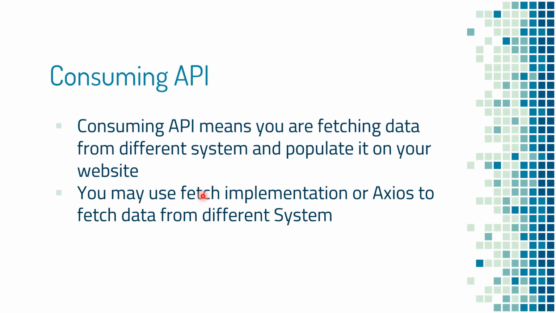Once the results are received, it populates a specific section of your web page, so you are not sending the whole request and updating the whole page. Another really cool library is Axios. Axios is the most commonly used library for consuming APIs.